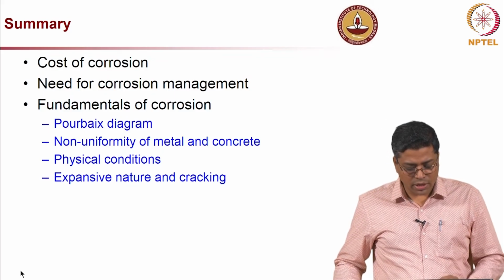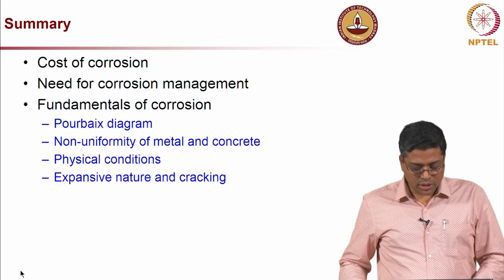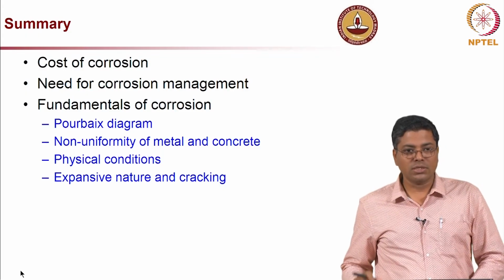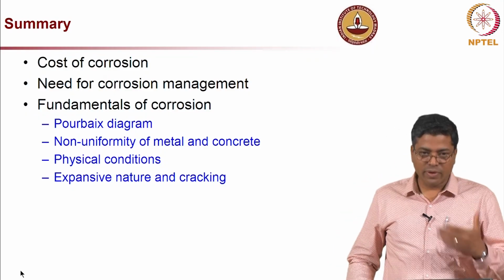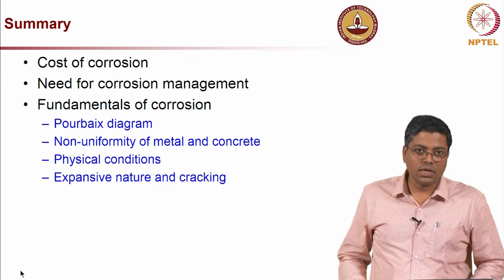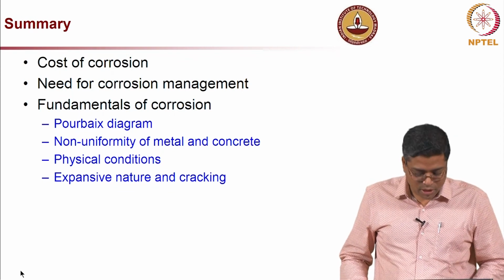And then we also looked at some fundamentals of the corrosion mechanism, and we looked at the Pourbaix diagram. We found that at around pH 12 plus, steel can actually protect itself from corrosion, and that is the reason why we are able to put steel in concrete, because we have very high pH in our uncontaminated concrete.